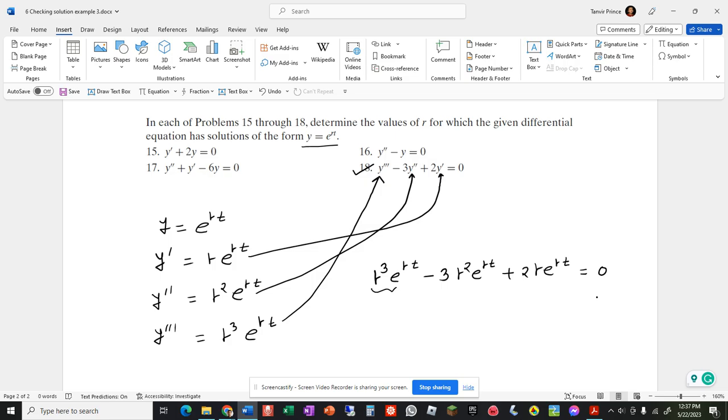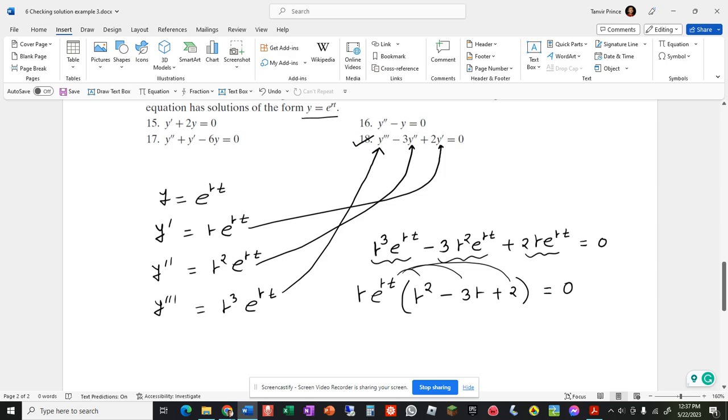If you look at here now, I actually can factor out r e to the rt. It's not just e to the rt, I can actually also factor out r. And if I do that, I end up with r squared minus 3r plus 2. You can always distribute, multiply out and make sure you get the correct answer.